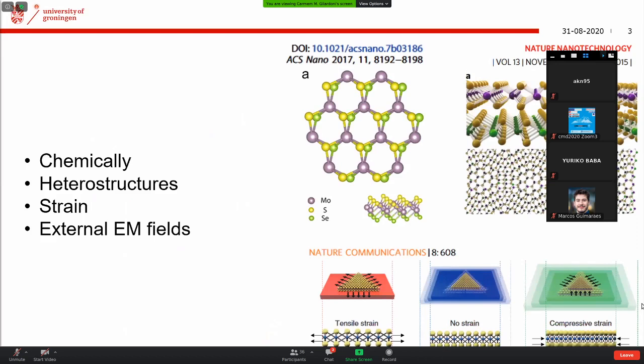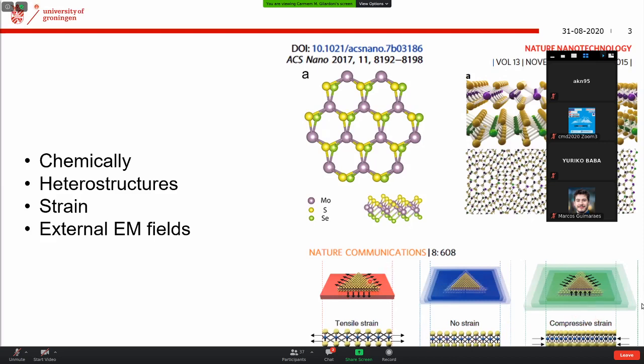in various ways. So we can either do it intrinsically by changing the chemical structure of the material, but we can also do it extrinsically by stacking different layers of different materials on top of each other or by applying strain. In fact, Andres Castellanos, who will be speaking later today, has plenty of very nice, beautiful work on the effect of strain in these materials.